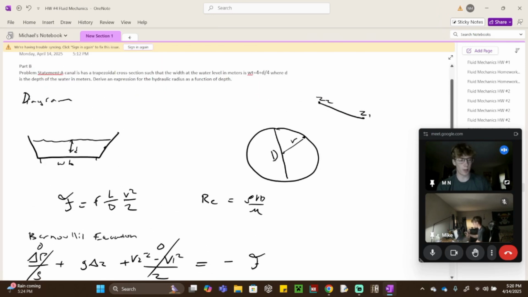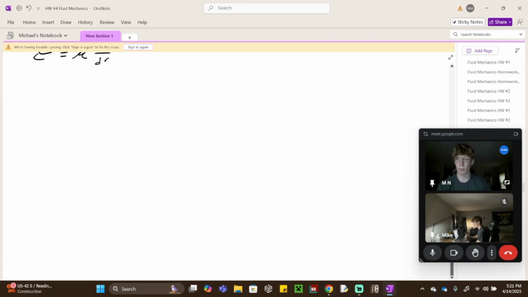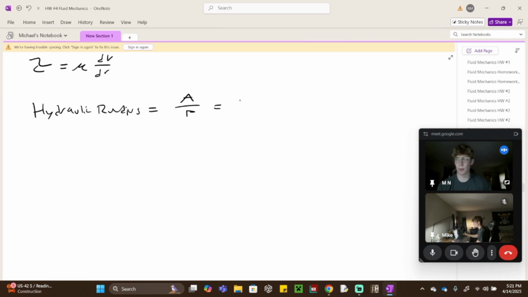So we know that the width on top is going to be equal to WB plus D over 4. And so our hydraulic radius will be equal to the area over perimeter, which is equal to our bottom width of our canal plus the depth over 8, times the depth, over the depth times the square root of 65 over 4 plus the bottom width.